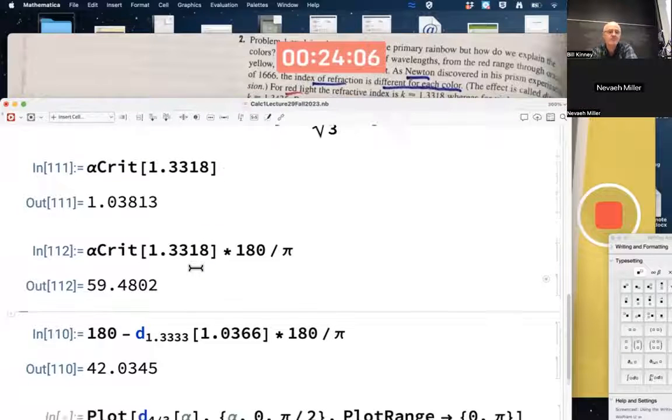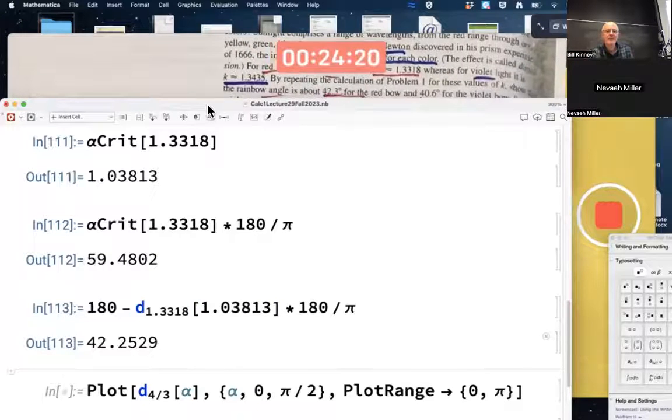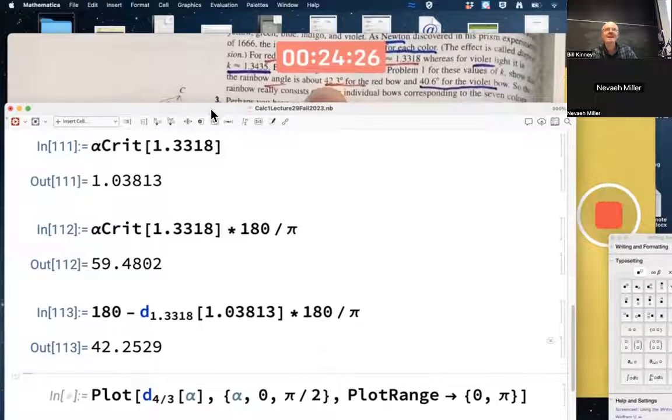Is that slightly bigger? 1.3318 here, 1.03813 here, 42.3 degrees. Yep, that's what it says the answer is. 42.3 degrees right there for red. You see it? That's for the red one.